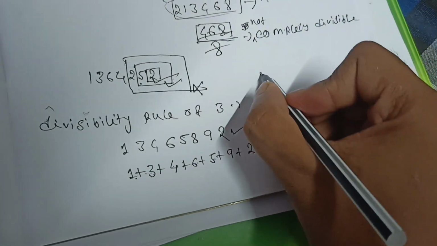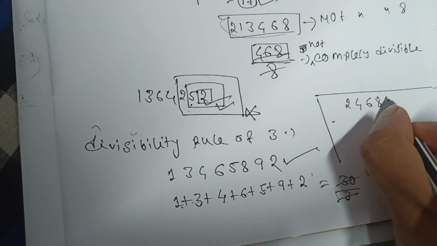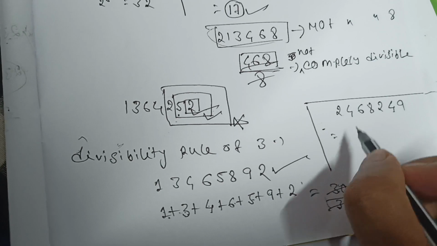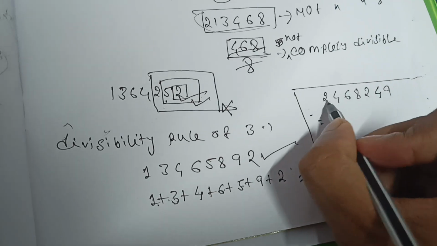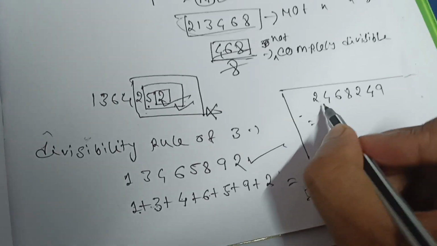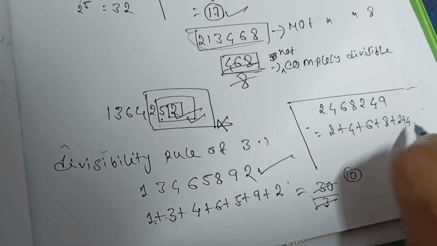Let's take another example, like here 2468249. So just sum all the digits: 2 plus 4 plus 6 plus 8 plus 2 plus 4 plus 9.